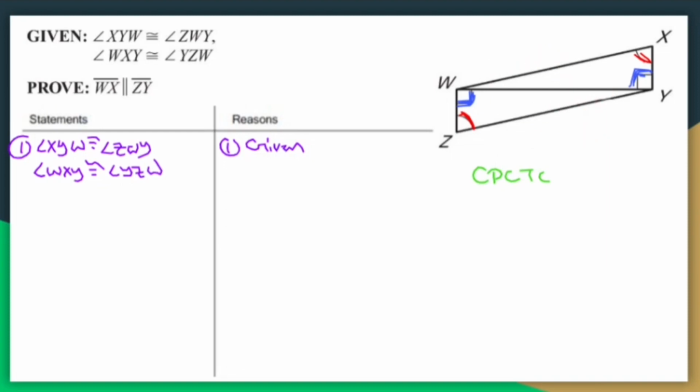What I have is a shared side. That shared side is going to have to be explained. I have to say, and it's always been silly, but WY is congruent to WY. And that's the reflexive property.